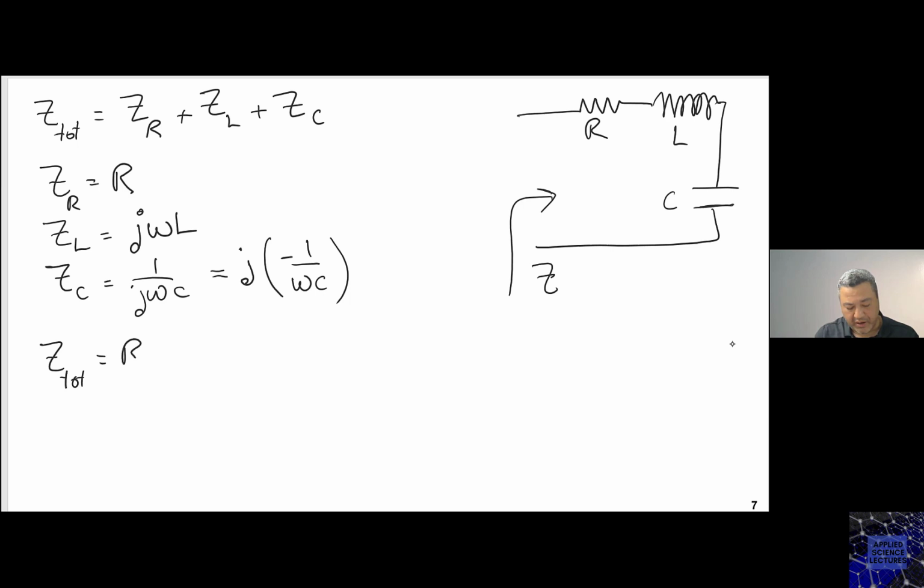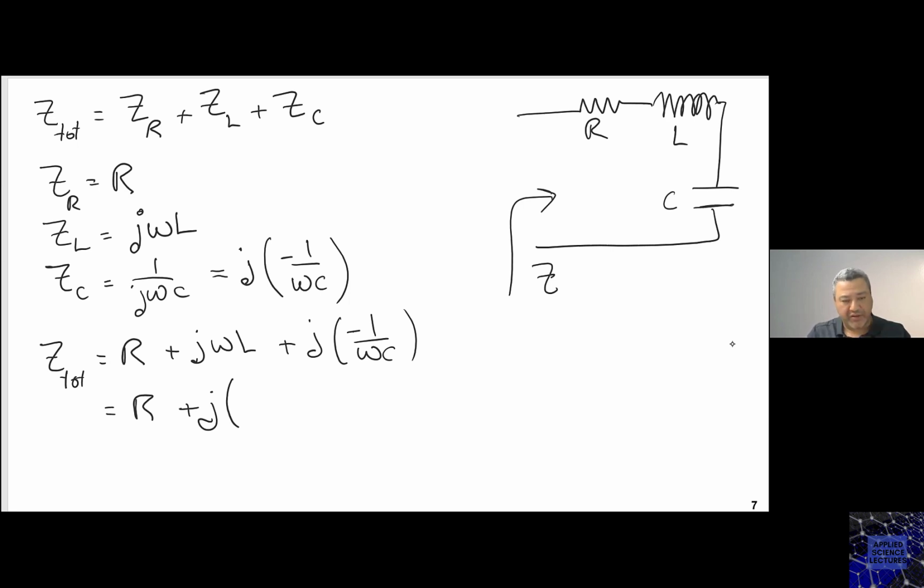So this is going to be R plus j omega L plus j times minus 1 over omega C. This is indeed the same as minus j, but I did this just to show you that if I take the j outside, the reactance of the inductor and of the capacitor come with opposite signs, so they tend to cancel each other. So I have here omega L minus 1 over omega C.